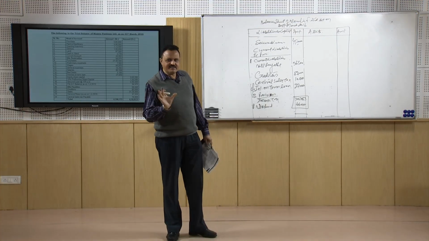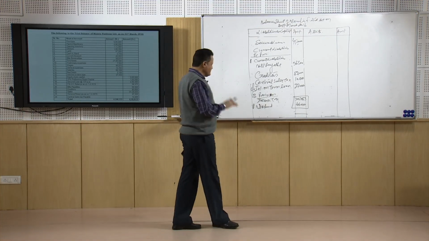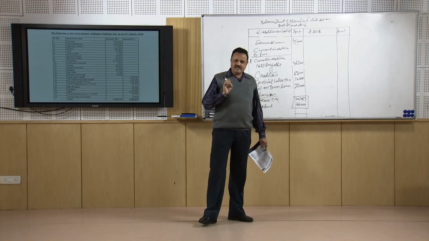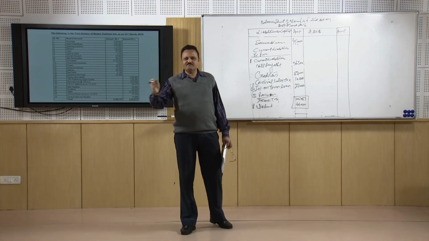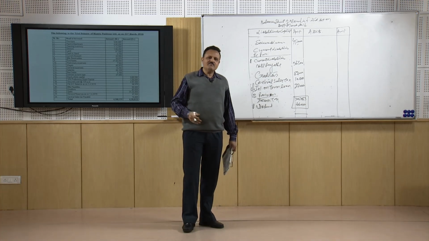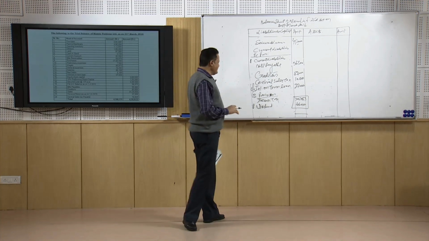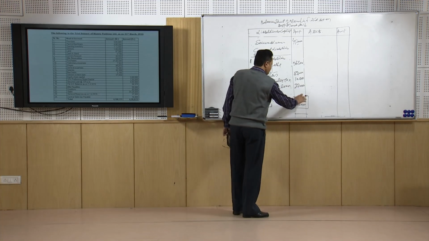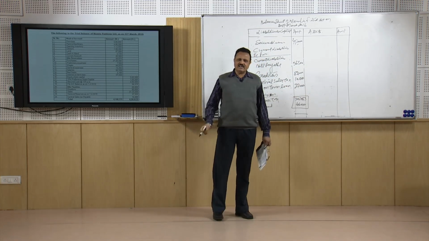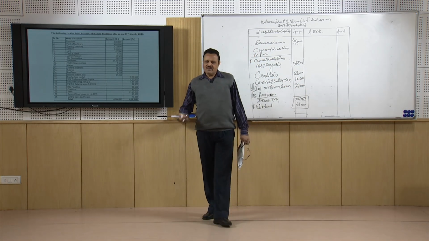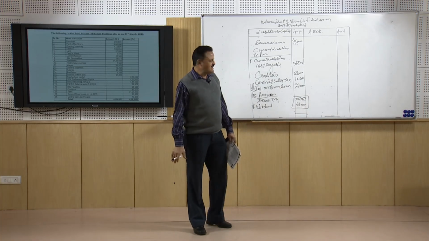It is a liability on the company from when the provision is made in the profit and loss account until it is paid to the government. It remains a liability on the company, and till that time these funds are used by the firm. So they become a source of fund also, and until this tax is paid to the government, this remains a liability on the head of the company.